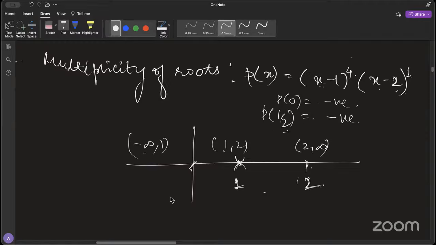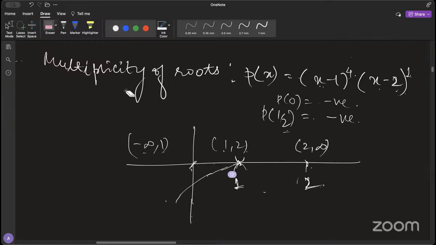It's negative. That means it's this. We don't know the y-intercept yet, so let's not go there. The y-intercept will have to be this, right? So at half you have a negative value, that means your graph should be this, right?